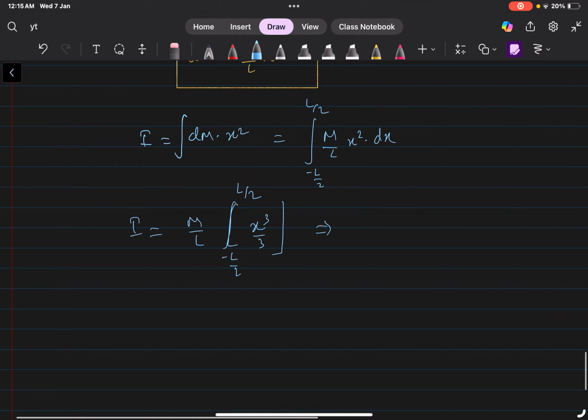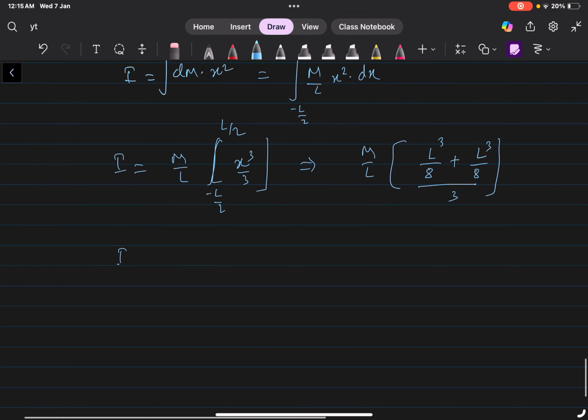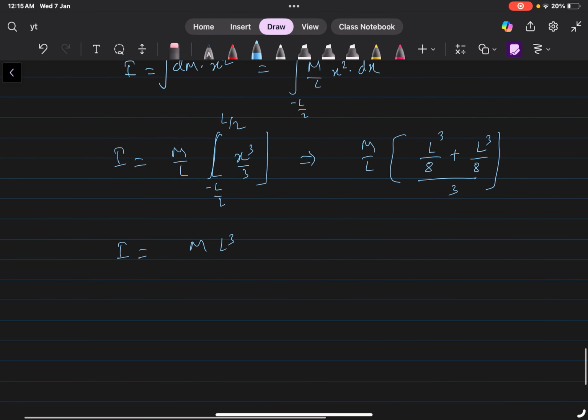When we solve this, m by l is outside. This gives l cubed by 8 minus minus l cubed by 8, so plus, divided by 3. So I equals m l cubed into 2 divided by l into 8 into 3.